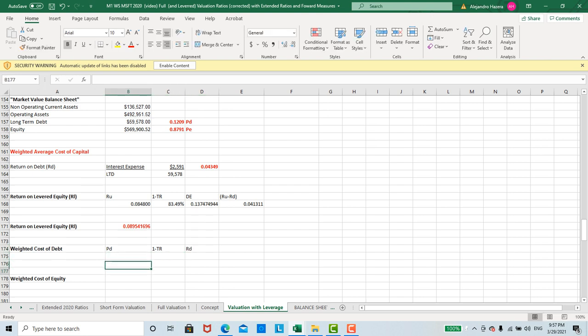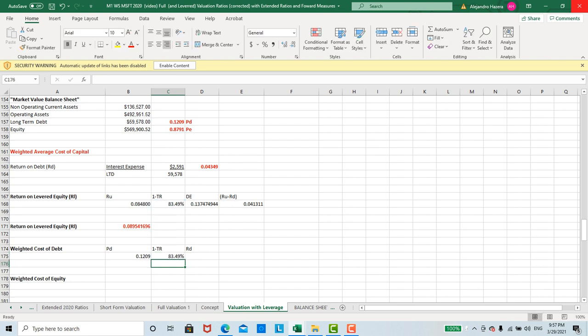Okay, and then we'll put the weighted cost of debt out here, and then we'll sum the two different types of capital up. So we're going to start with the percentage of your capital that consists of debt, which is right there, times 1 minus the tax rate, which you already have here.